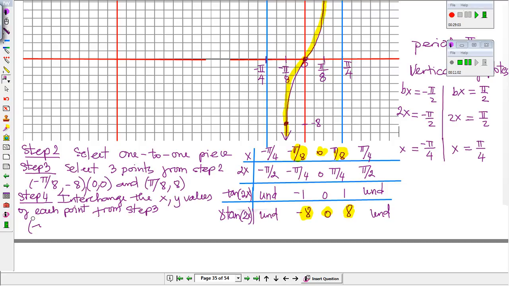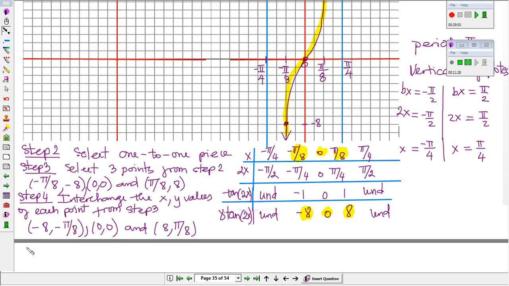So therefore the point now becomes negative 8, comma negative pi over 8. So you can see right here, for each one of these 3 points, we just go ahead and interchange the order of x and y. And the second point will be 0, 0. And the third point will be 8, comma pi over 8.